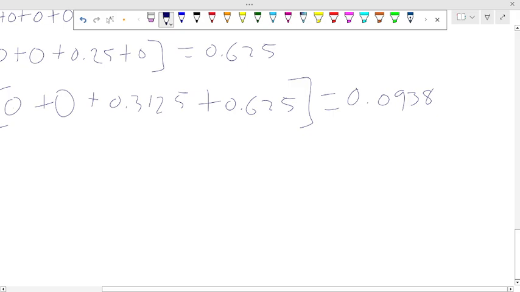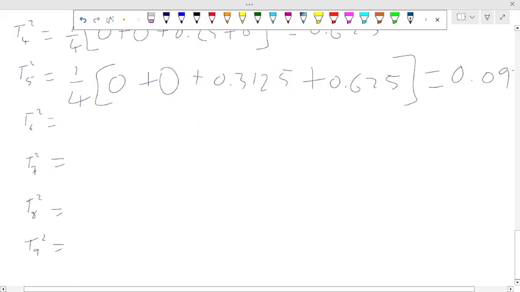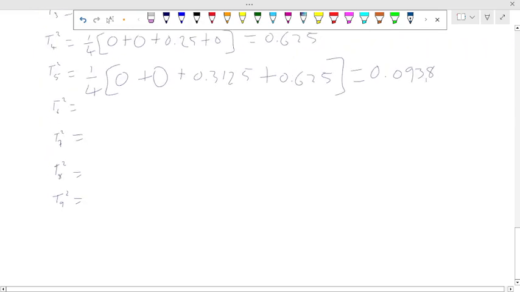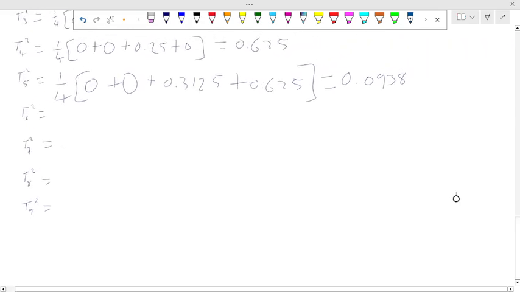Okay, check with your calculator and confirm. So that's for T5. Now this process continues to complete our second iteration. However, you can do this to the 10th, 11th, 13th, 17th iteration.